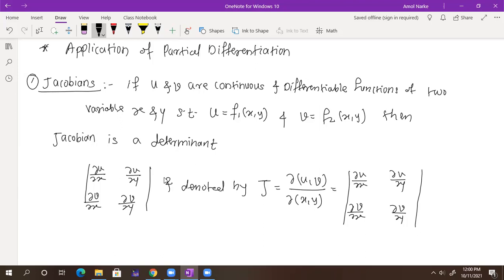But the most important thing to remember here is that u should be a function of x and y, and v should be a function of x and y. So whenever you define u and v, u is a function of x, y and v is a function of x, y. Then and only then can you find the partial derivatives of u and v with respect to x and y.